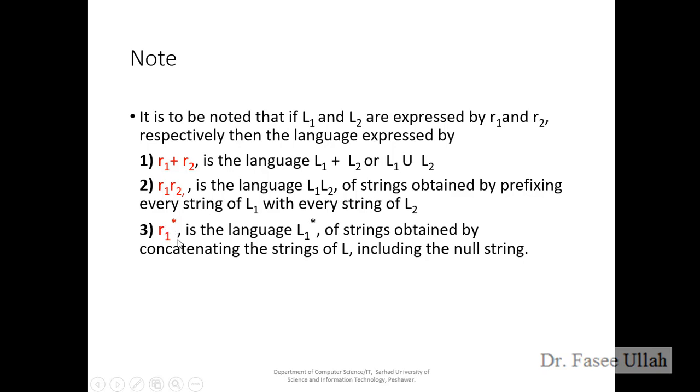And if we have, for example, R1 star, that means we have L1 star. So we have many strings over the alphabet in this language L1, including the empty string. This is how we define the regular expression with different combinations of R1 and R2 and different operators. The operator could be between two regular expressions, or it could be in the power as well.